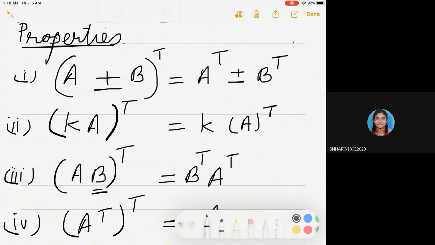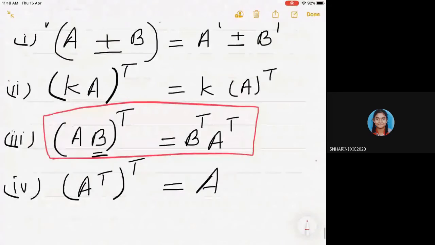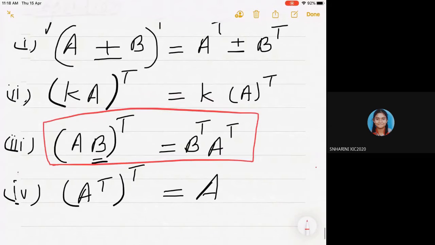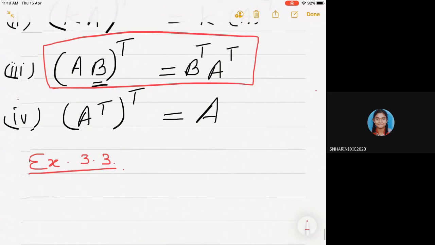And among these properties, the most important one is this. Now your exercise 3.3. Note the exact questions I am writing, similar type of questions I am writing.